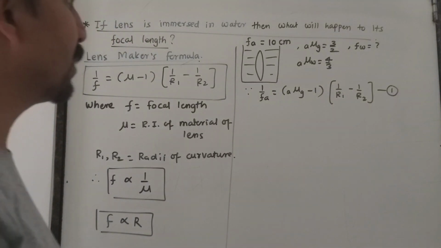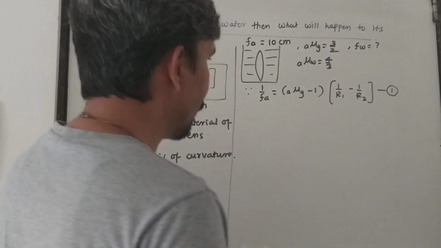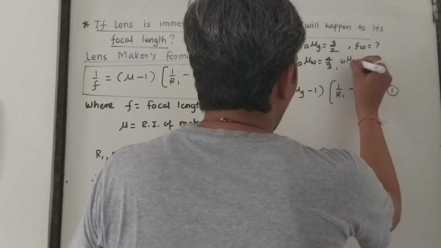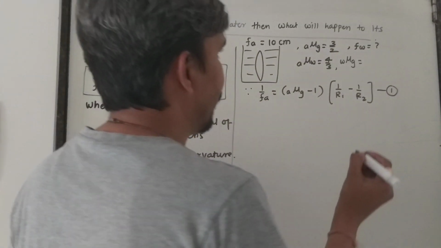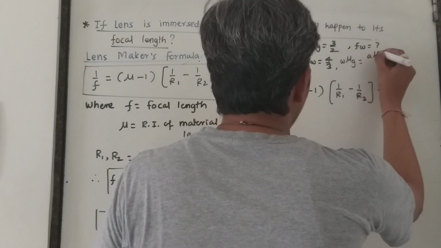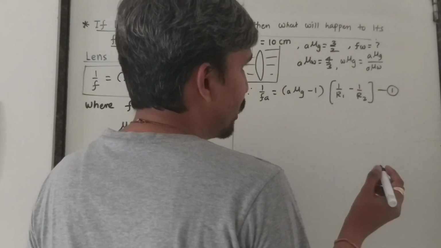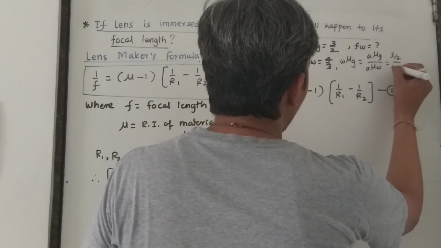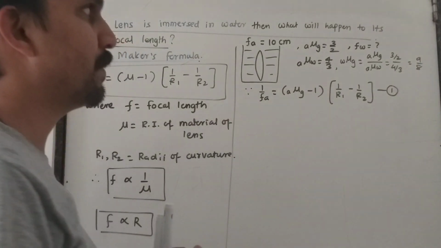Now the ray of light is going from water to glass. So for that you need to find wμg. This is the relative refractive index, expressed in terms of absolute indices, that is aμg upon aμw. aμg is 3 by 2, aμw is 4 by 3, that comes out to be 9 by 8.